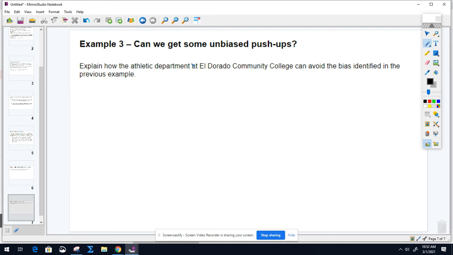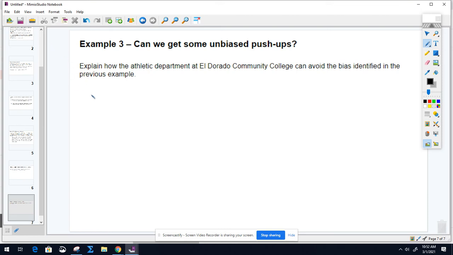So what could we do in this? Instead of recruiting volunteers in the middle of campus, the athletic department could obtain a list of students and randomly select. So they could have everybody in the college do push-ups and then randomly select 100 or a certain sample of those to record the number of push-ups.